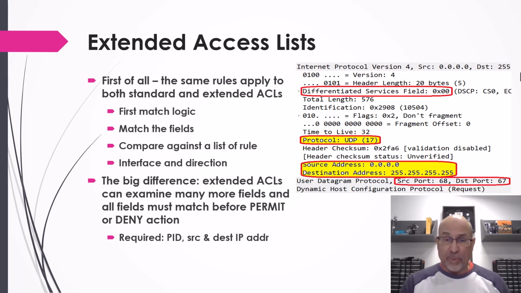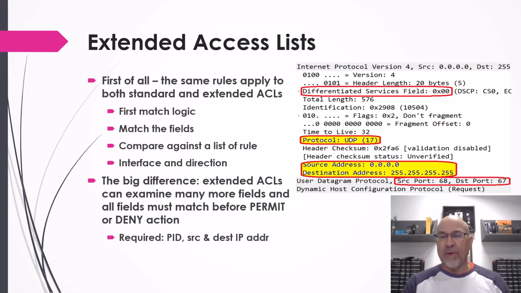Now, the big difference between extended ACLs and standard ACLs is that we've got more fields to deal with, most notably anything that's not a source IP address. If you look right above me here, this is an IP packet capture. I've just taken an image of an IP header. We can see the source and destination IP address fields. This one happens to be DHCP, so the source address is all zeros.